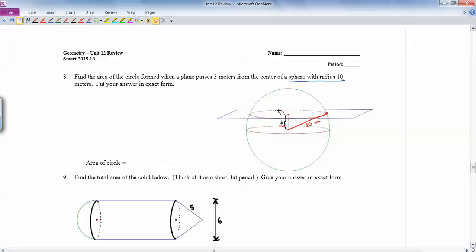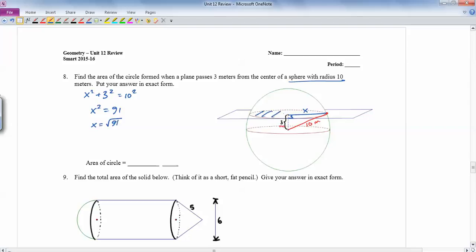Okay. Well, we need the radius of it. So let me draw on the radius. I'll call that x. And we've got this nice little right triangle to work with. So x squared plus 3 squared equals 10 squared. So x squared would be 100 minus 9, that's 91. So x is going to be root 91.